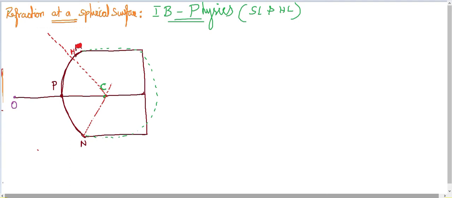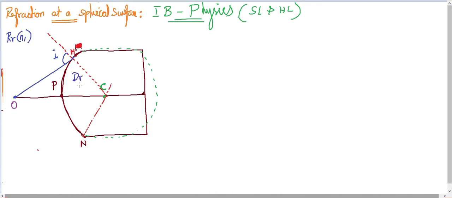Next, this is the incident ray and the incident angle. After incidence it undergoes refraction, right? Since light is entering from a rarer medium of refractive index N1 to a denser medium, this is glass, right?